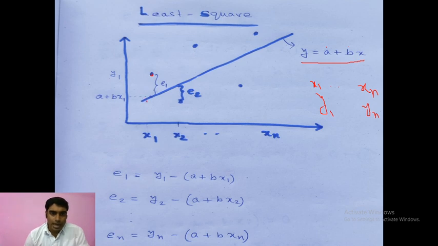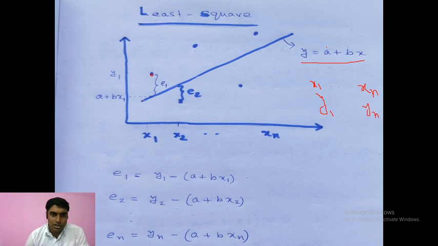Now if I approximate all these points by this straight line, take the first point, x1, y1. If we approximate by this straight line, then the corresponding point will be here. So your new y1 will be this one, but your actual y1 is here.